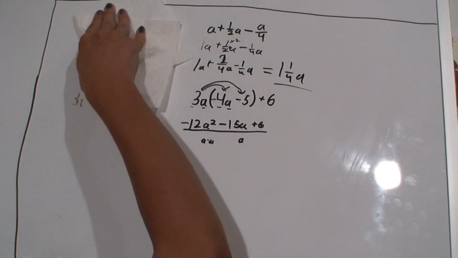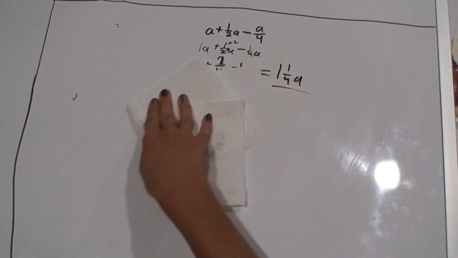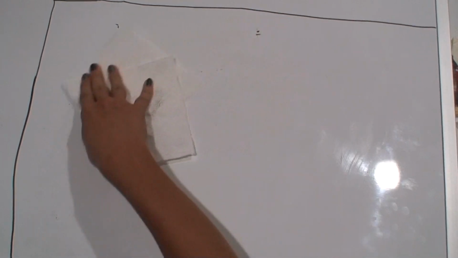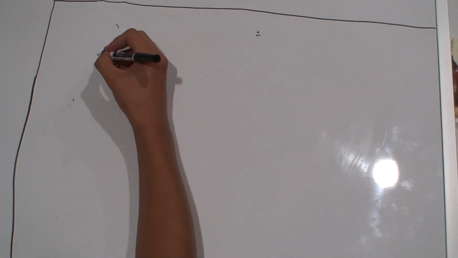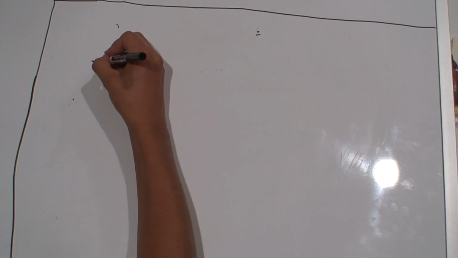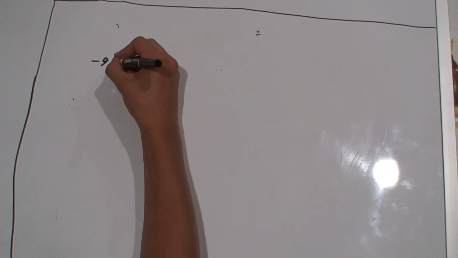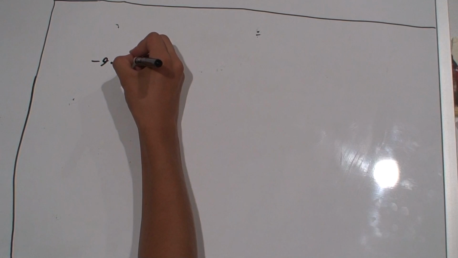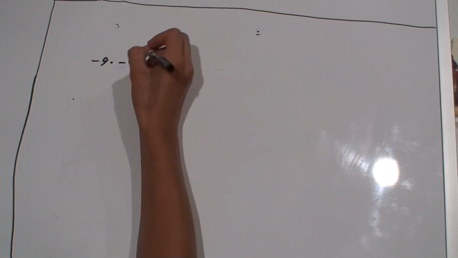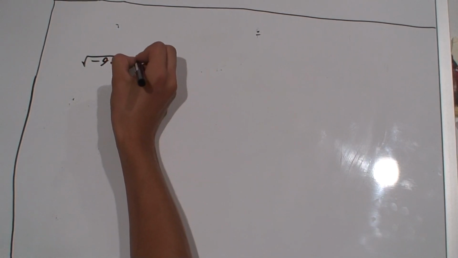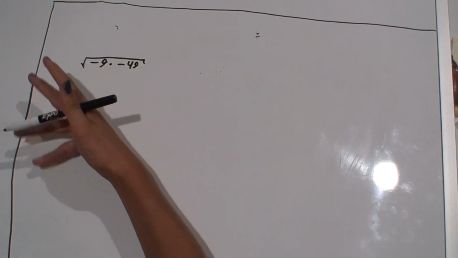So now going on to the square root section of the test, we had a problem similar to the square root of -9 times -49. We took the square root of that.